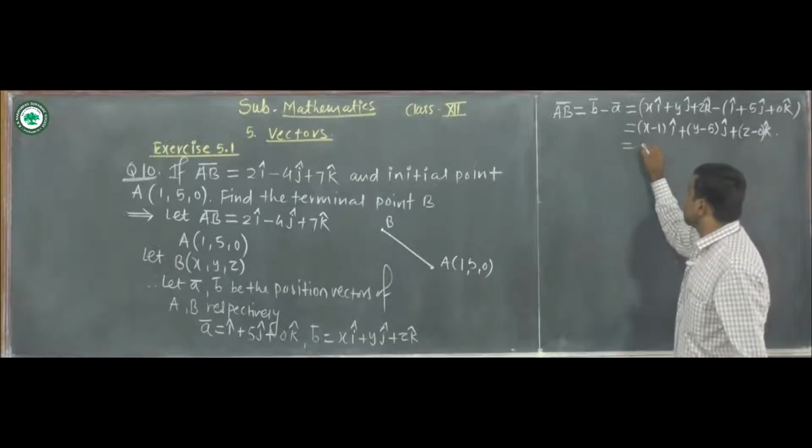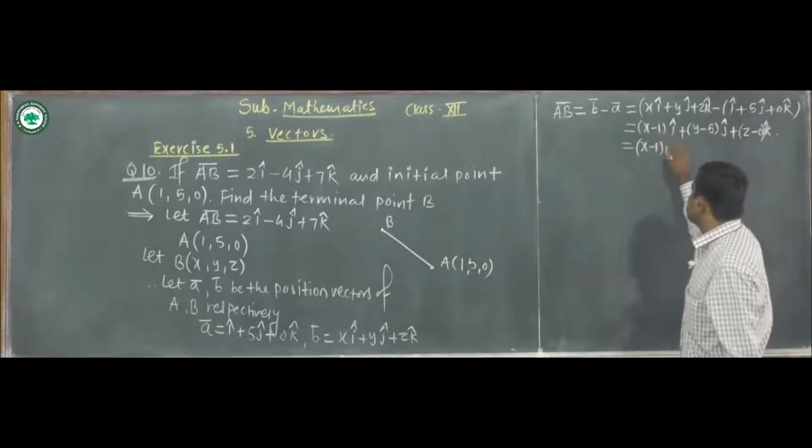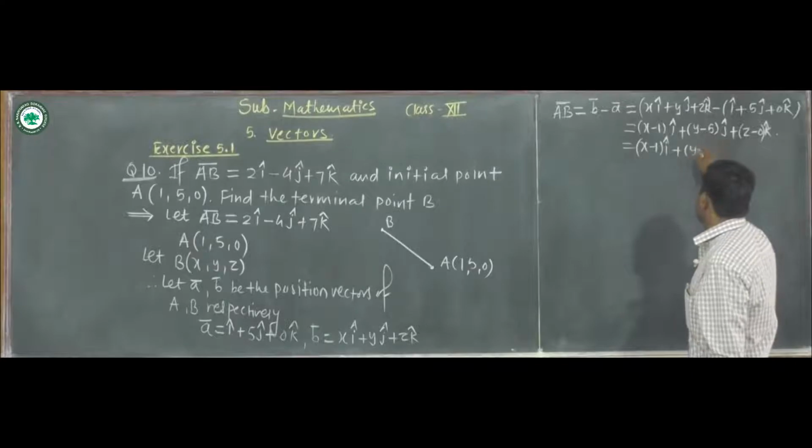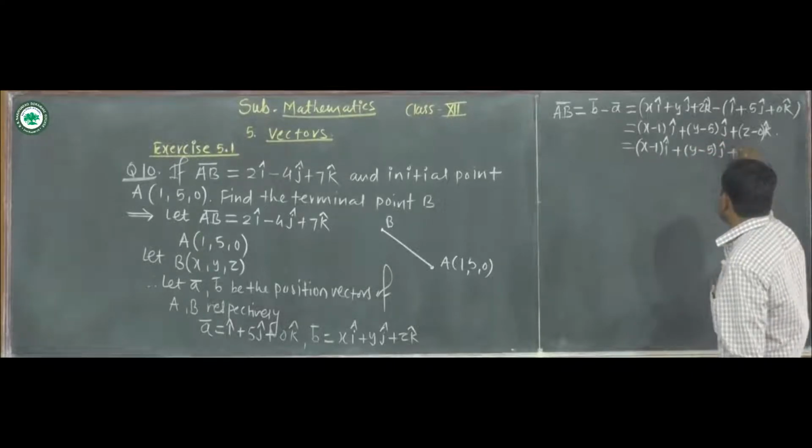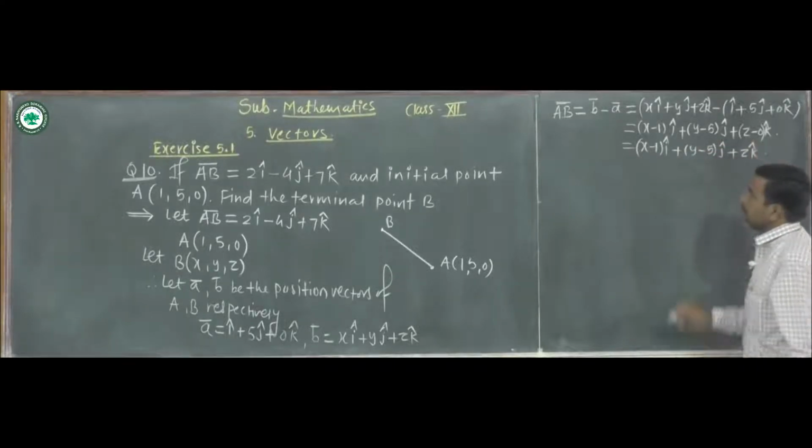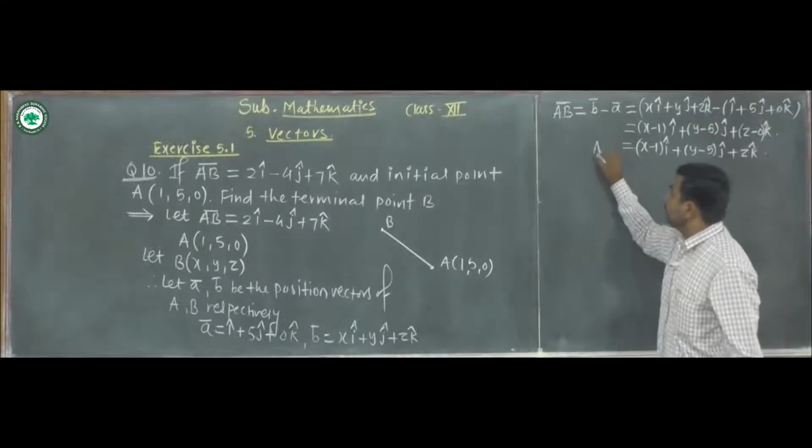So it is equal to x minus 1 into i cap plus y minus 5 into j cap plus z into k cap. This is your AB bar.